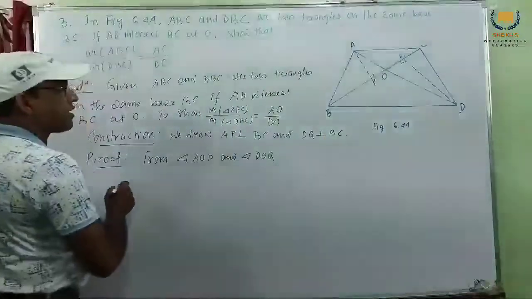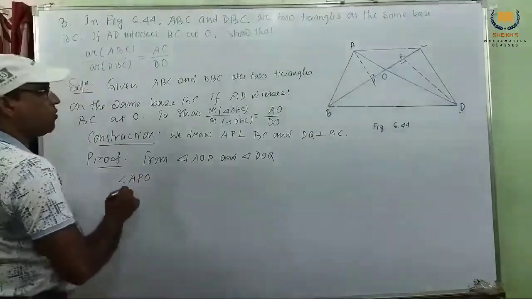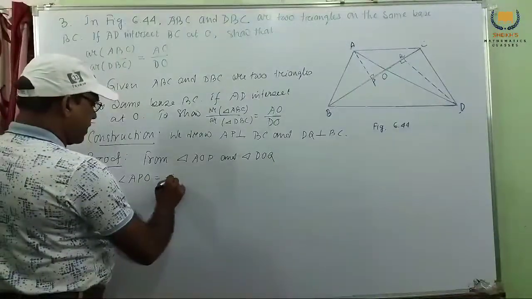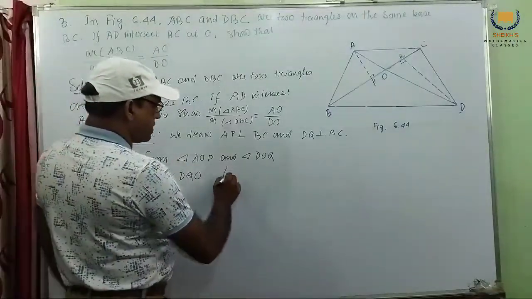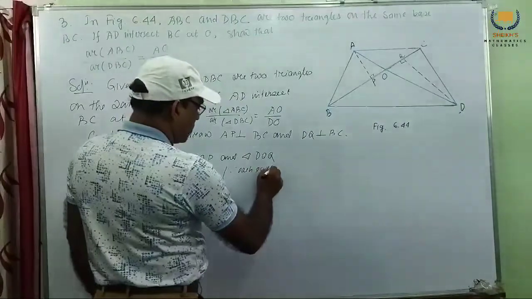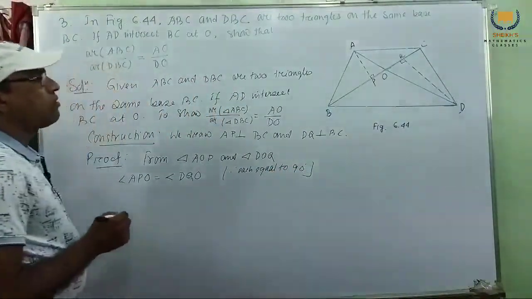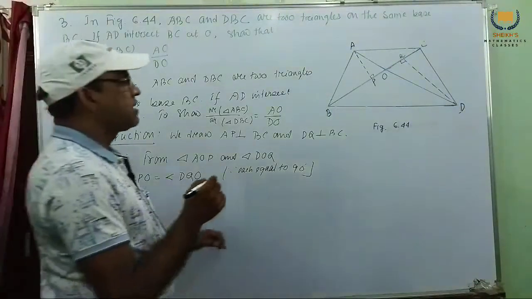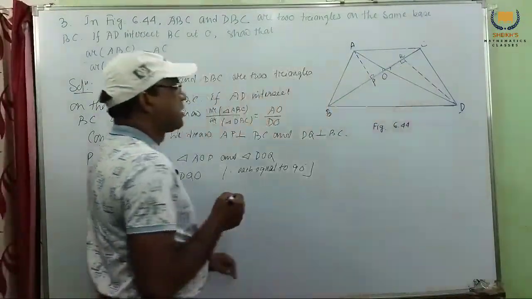So we can write angle APO equal to angle DQO, since each equal to 90 degrees.